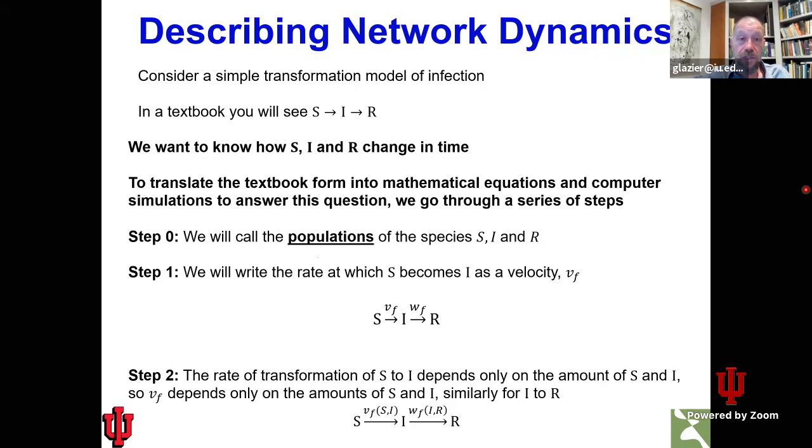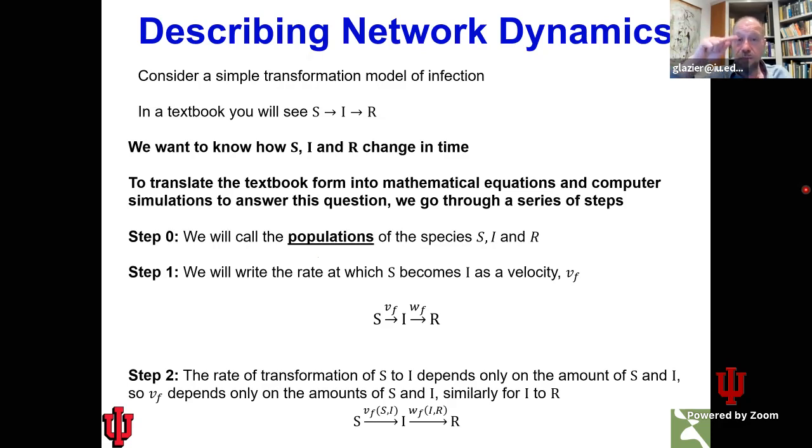And then if we want to actually make this actionable, we have to have a rate of transformation. There's a rate at which S becomes I, becomes R. Those rates have to depend on something. Typically, they're going to depend on the amounts of something, and classically, they'll be the amounts of the things at either end. If it's a chemical reaction and it's a forward reaction, it can only depend on the thing at the source of the arrow, not on the thing at the target of the arrow.